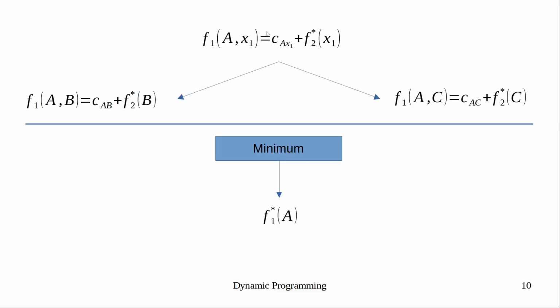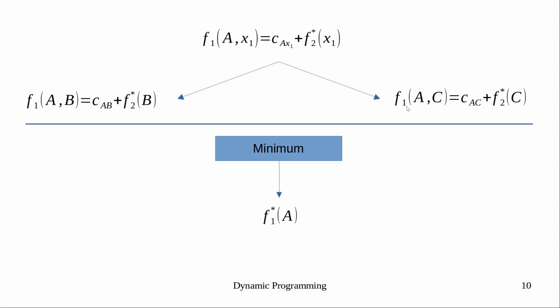Explaining things further, F1(A, X1) is equal to C(A, X1) plus F2 star(X1). We have already explained this. So, reiterating it here, you have two choices. You have F1(A to B), where C(AB) is the cost in going from A to B, plus F2 star(B), that is, from B to J, what is going to be the minimum cost.